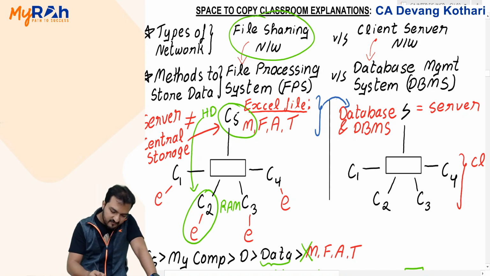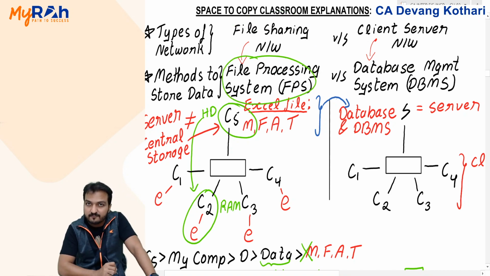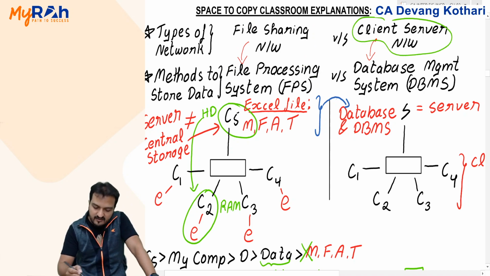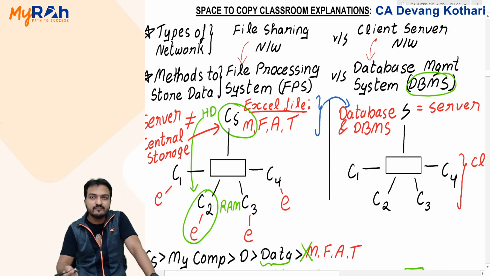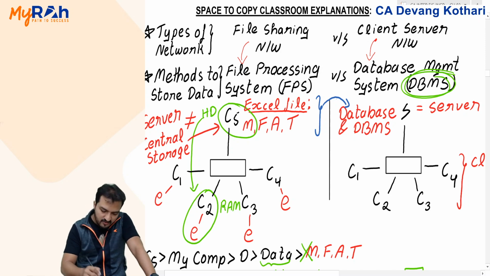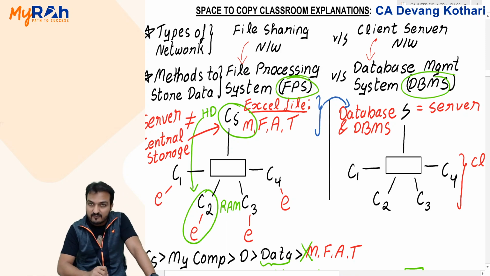File sharing network requires the method of data storage as file processing system, while client server network requires your data to be stored in the form of DBMS. This is where DBMS comes in. You need to learn only this topic, but to learn DBMS, you need to learn the opposite of that, that is file processing system.